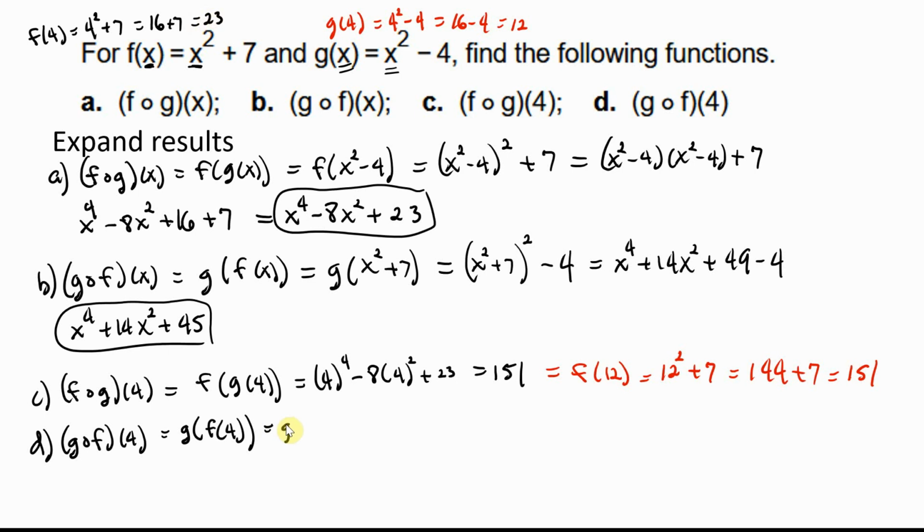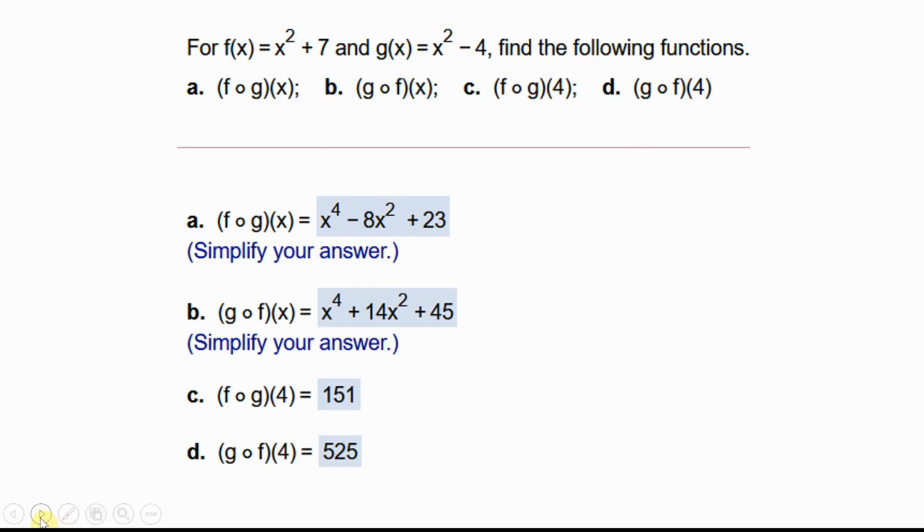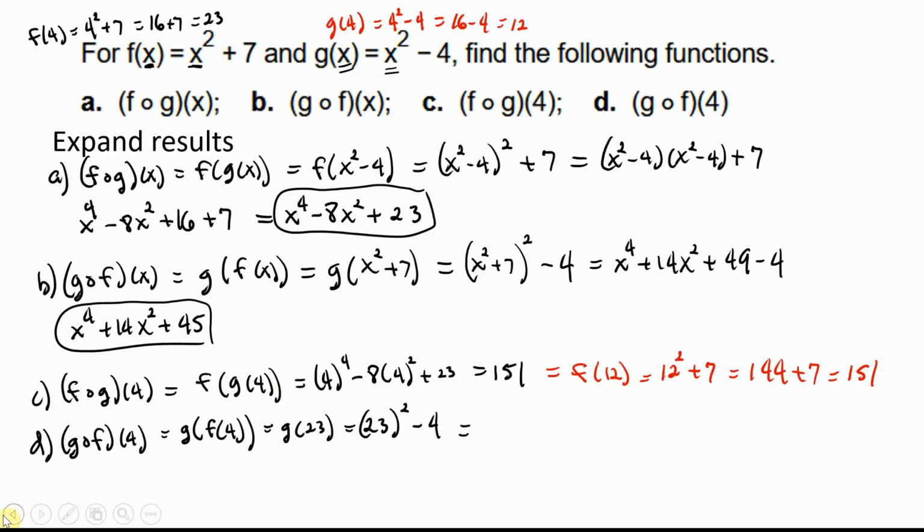So this is g of 23. Now I go to g: g of 23 is 23 squared minus 4. On your calculator, that's 529 minus 4.